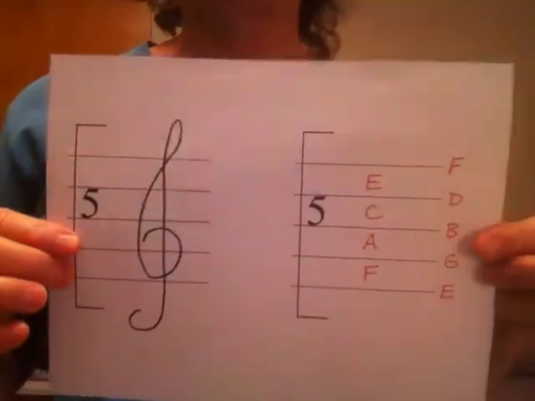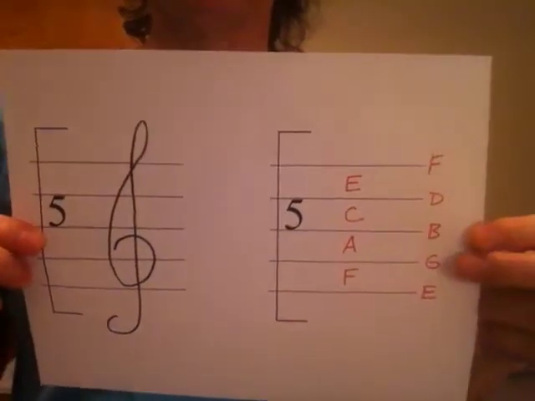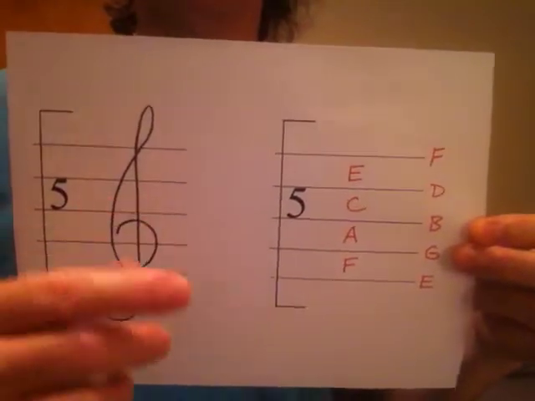Now, some people, when they're beginners, like little children learning music, or beginners of any age, use what's called a mnemonic system. It's a little mental trick.